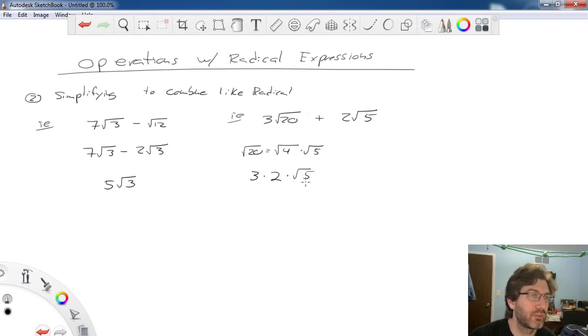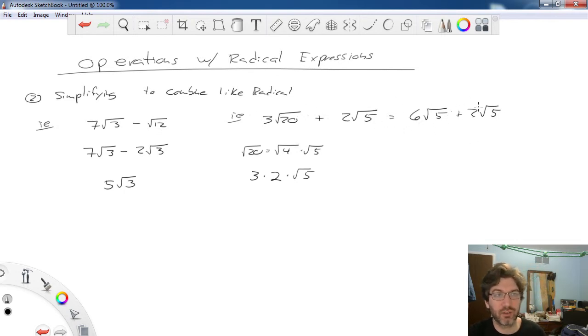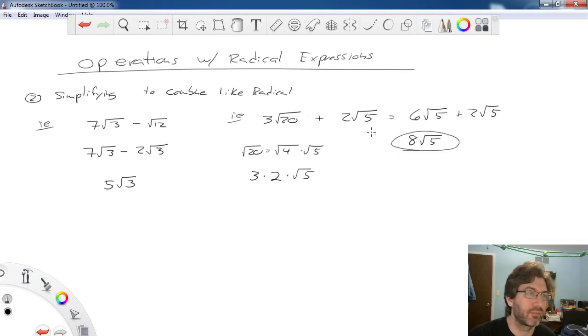And 3 times 2 is 6. So this is actually going to turn out to be 6 square roots of 5 plus 2 square roots of 5. And therefore you can just combine like we just did. They are like radicals. So 6 plus 2 gives you 8. And then just tack on square roots of 5. So it does equal that.